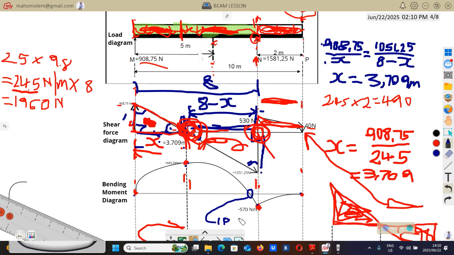What is the inflection point? As you can see here, at this point there is no bending moment. At this point, bending moment is 0. At that point where the bending moment is 0, we call it the inflection point. Then when we construct beams, when we join them, that's why we're going to make a join there.